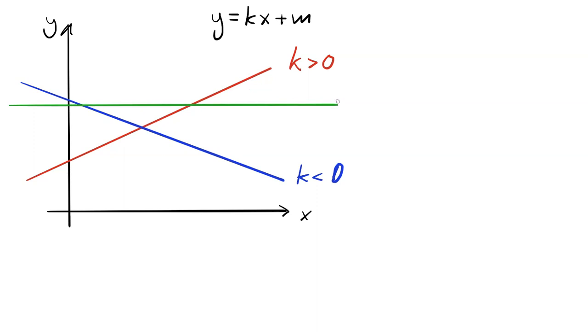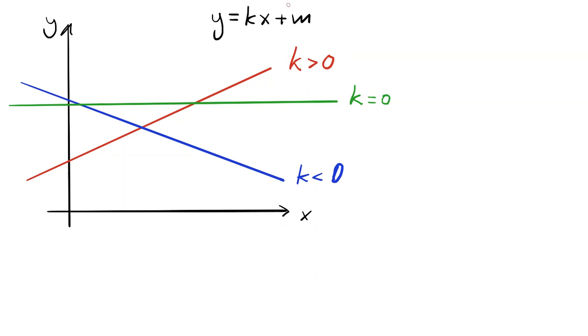So if you have a horizontal line, then k equals 0. And the larger this number is, the greater the slope of the curve, or the more negative it is, the greater the slope downwards. So this number k has to do with the slope.